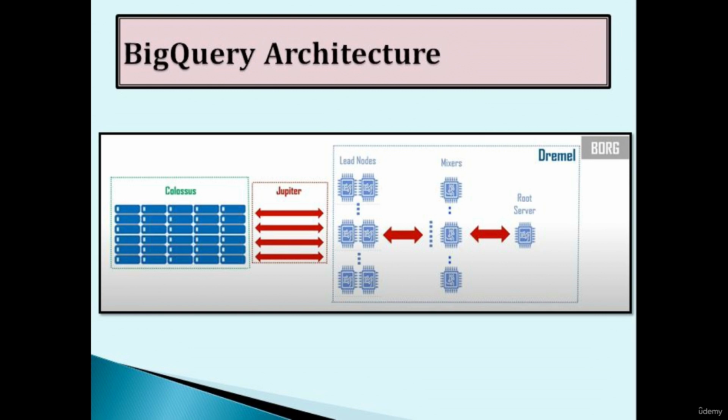The mixers and slots are all run by Borg, which doles out hardware resources. Dremel dynamically apportions slots to queries on an as needed basis, maintaining fairness amongst multiple users who are all querying at once. A single user can get thousands of slots to run their queries.